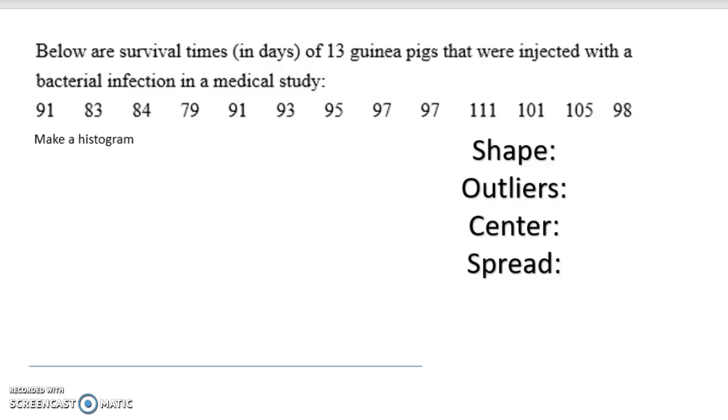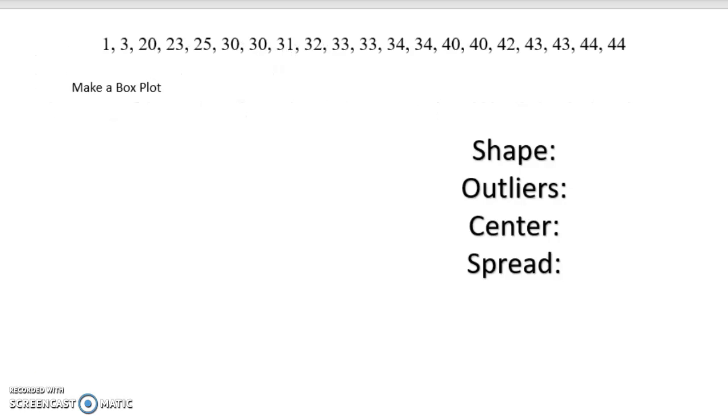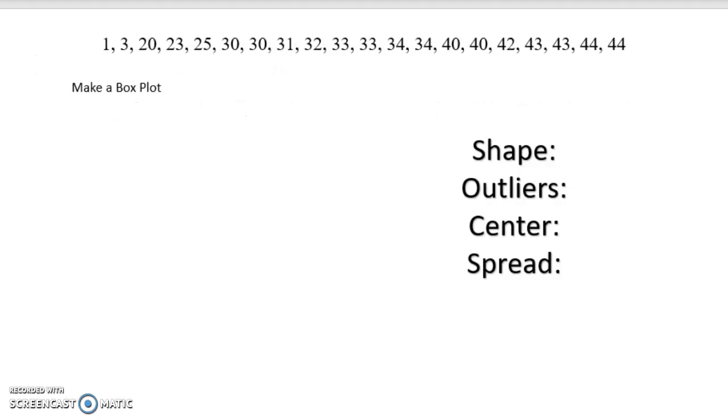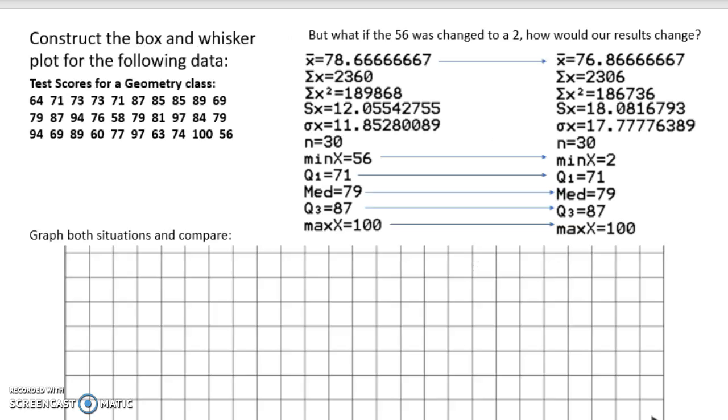Since we've talked about histograms earlier and this box plot, tell you what, I may just go ahead and skip these two and use the time for the next one coming up.